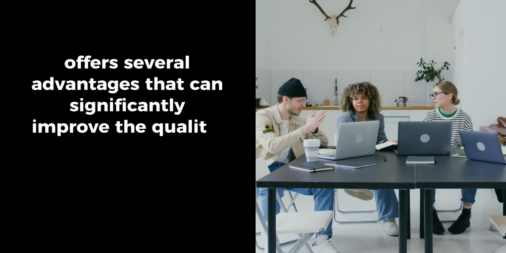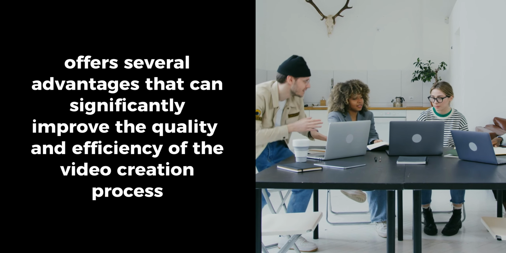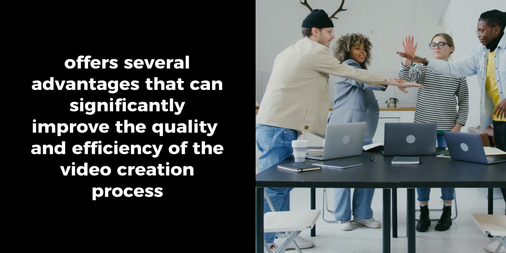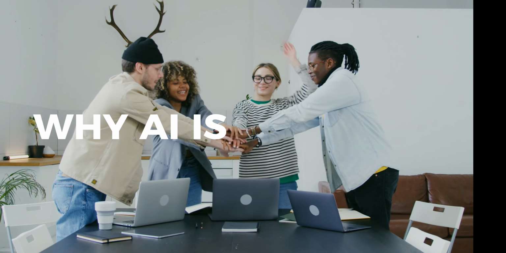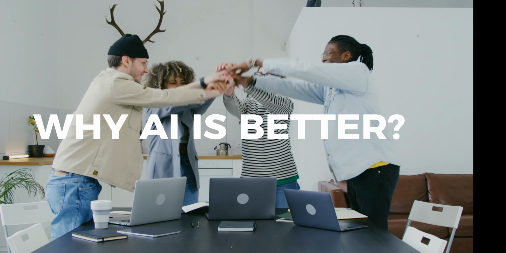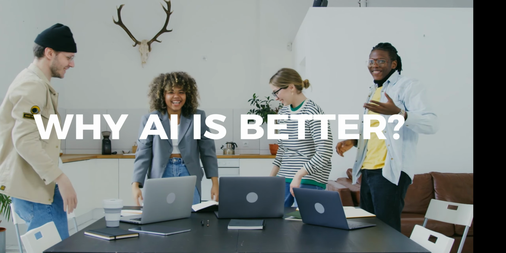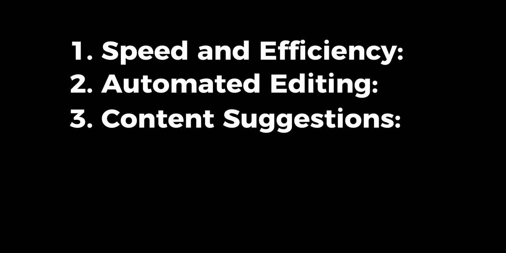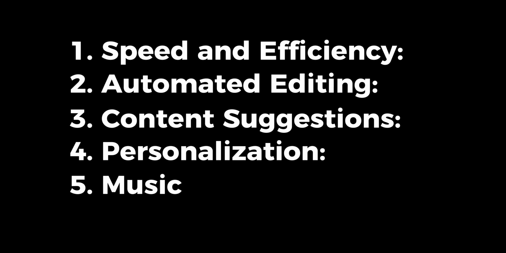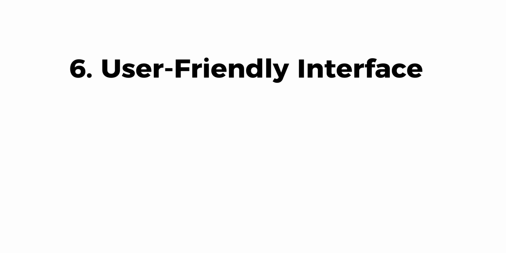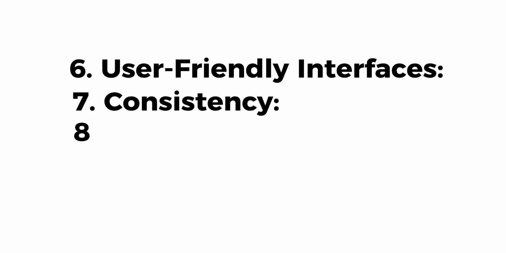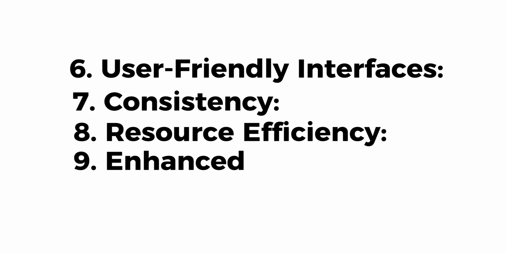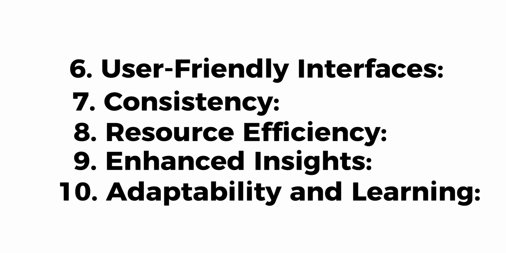Using AI in creating YouTube shorts offers several advantages that can significantly improve the quality and efficiency of the video creation process. Here are some of the reasons why it's better to use AI for YouTube shorts: speed and efficiency, automated editing, content suggestions, personalization, music selection, user-friendly interfaces, consistency, resource efficiency, enhanced insights, adaptability, and learning.